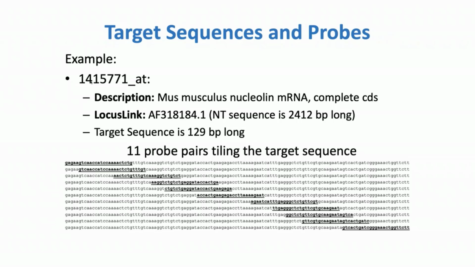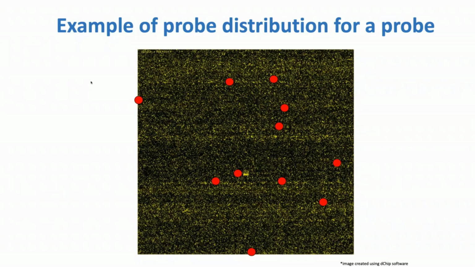This is actually a picture of a chip and how the excitement of the fluorescent tags can look. In red, you see the position of the probes for a single probe set. They're randomly distributed over the surface of the chip, and that's important because you do tend to get weird artifacts.